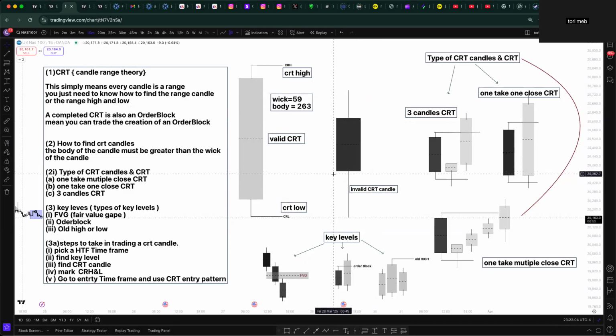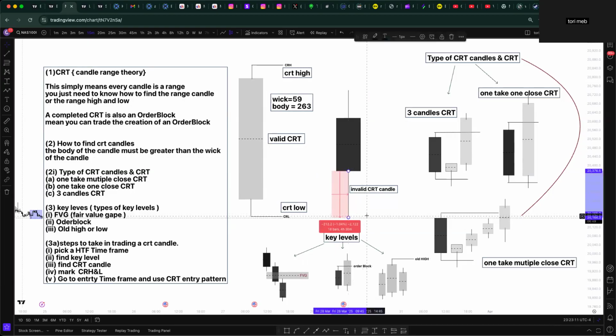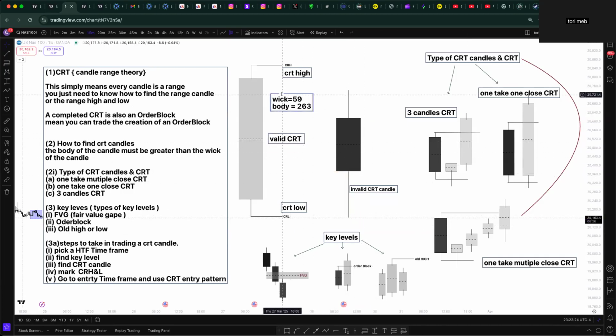And you take the close of the candle measurement again. I use a shortcut. So this is 104. So 62 plus 104 gives you 166.